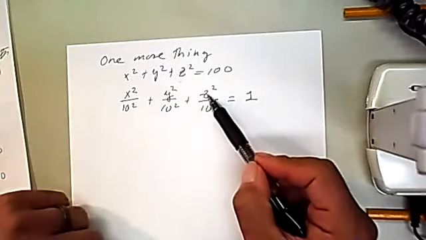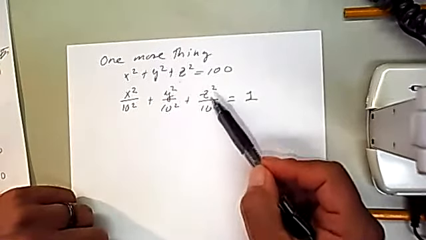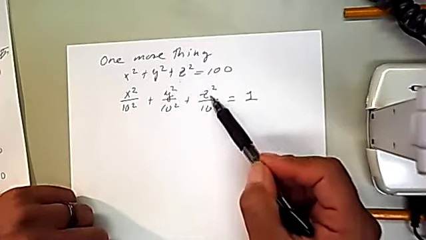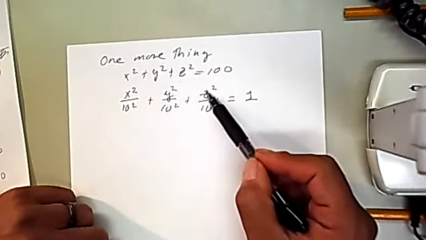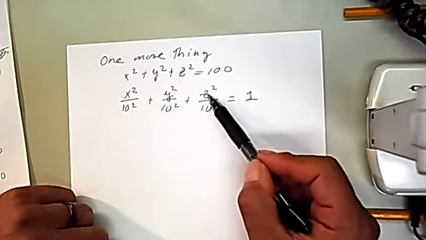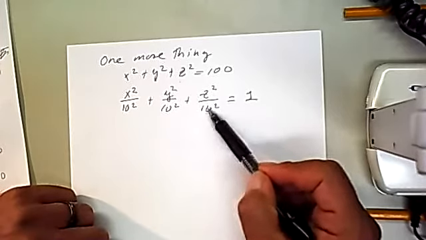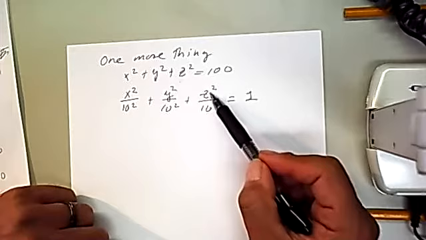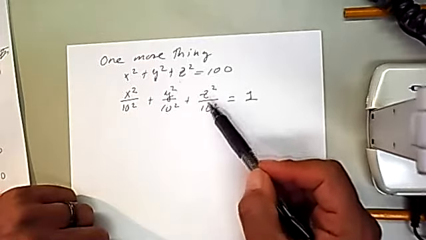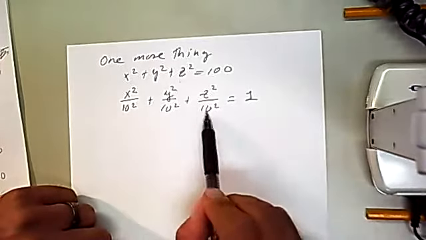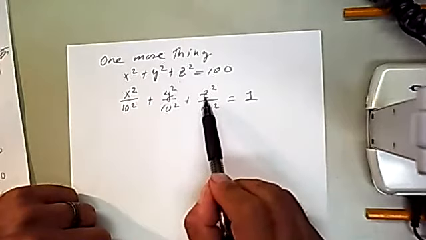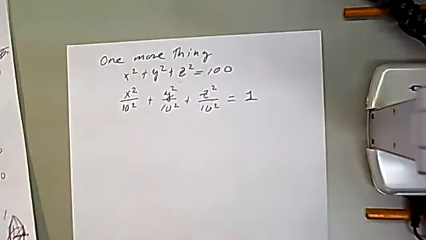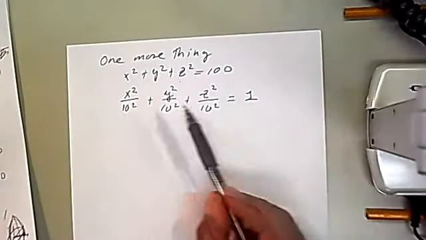And that means that z could go all the way up to 10, because in that case we have a fraction equal to 1. If z is equal to 7 or 8 or 5, that keeps us within 1. The handy thing about this is that we can clearly see how far we can go. The x cannot exceed 10, the y cannot exceed 10, the z cannot exceed 10. All of them are bounded by 10.